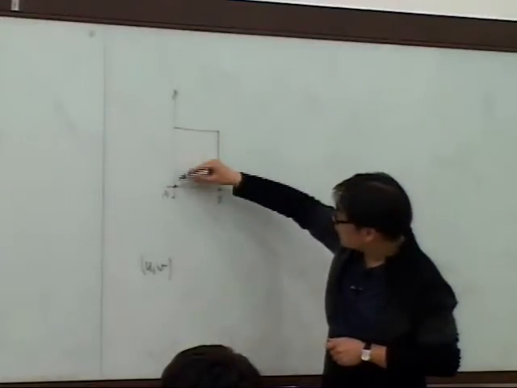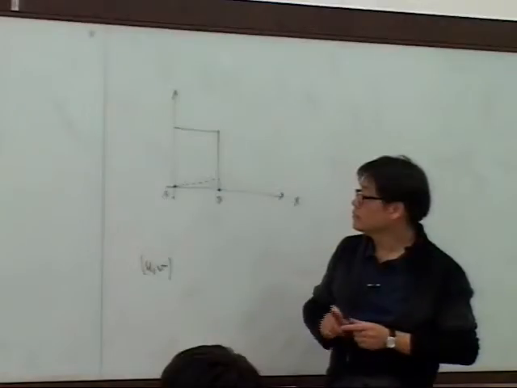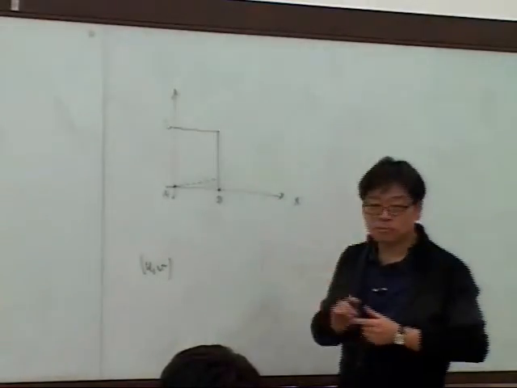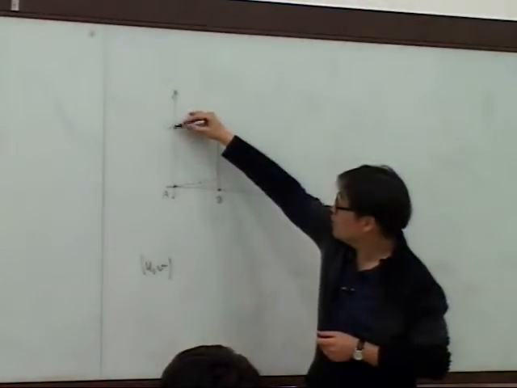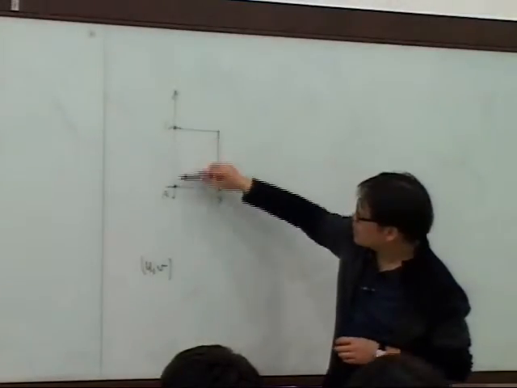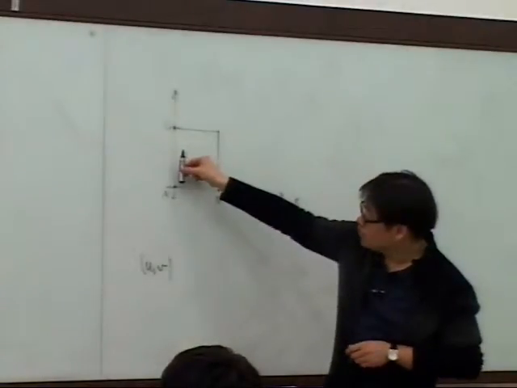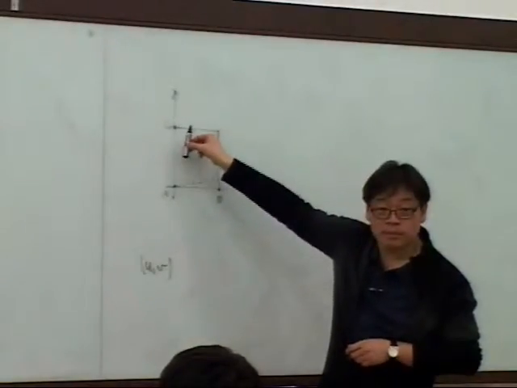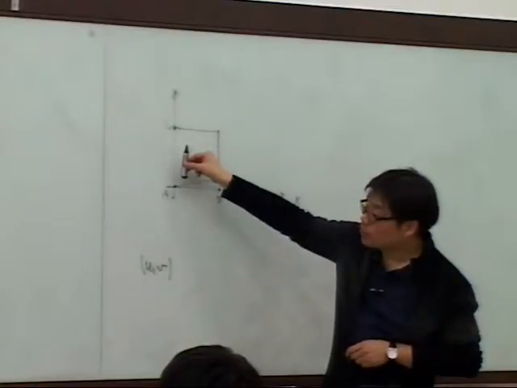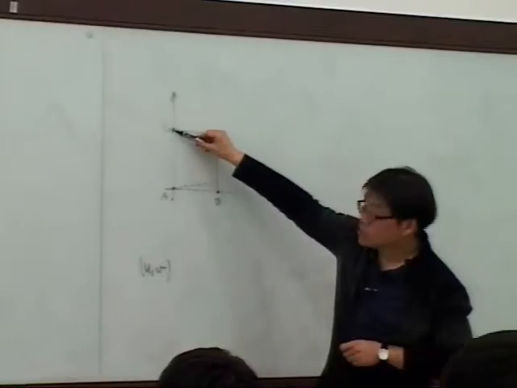What happens to this one? I'm looking at A and C this time. These two have the same x coordinate, so the vertical velocity is the same. If I look at the u component, y is bigger here.